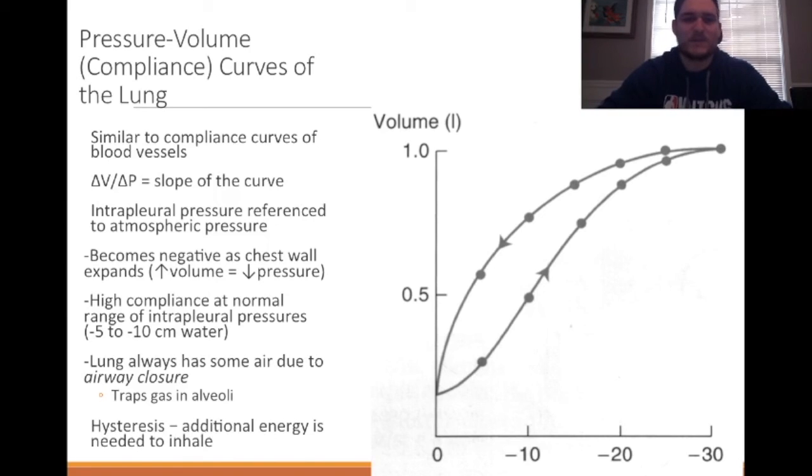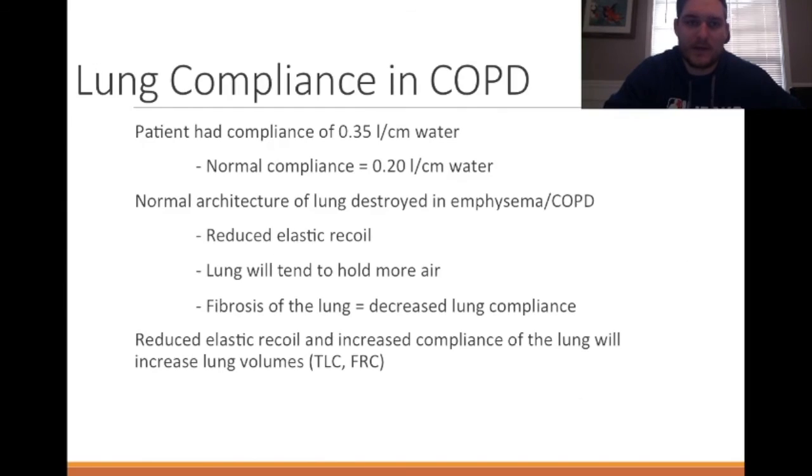But with COPD, it becomes a little more difficult to move this air due to more air getting trapped, and it may result in hysteresis, or the additional energy needed to inhale. Since that excess air is trapped within the person's lungs, it's going to require more out of the respiratory muscles to move additional air in.